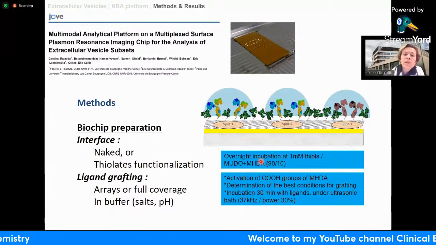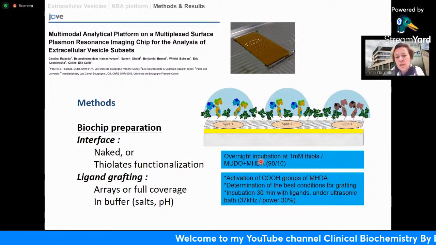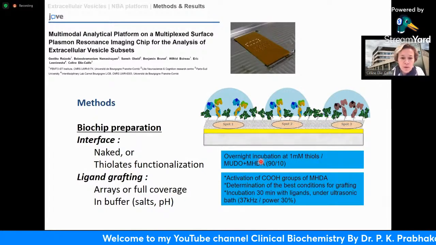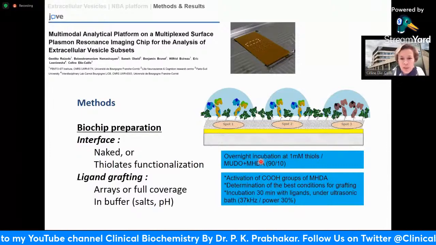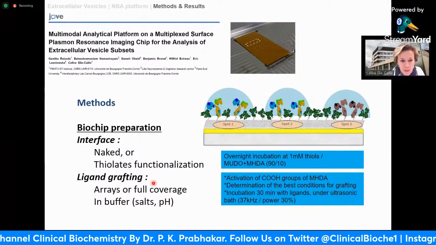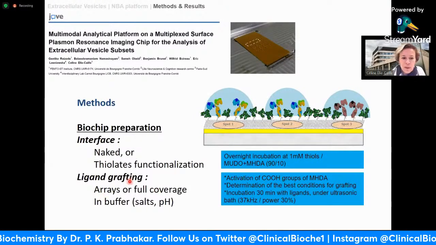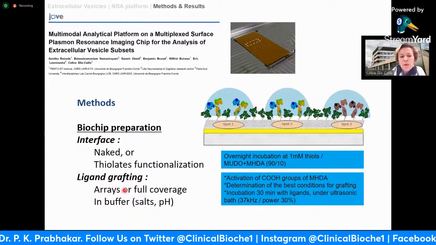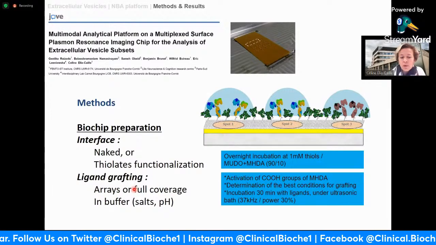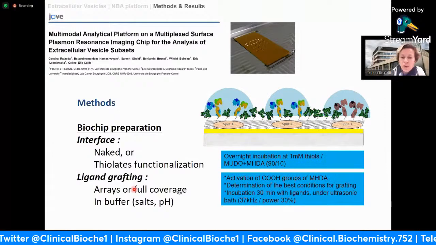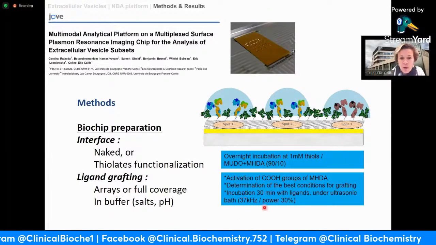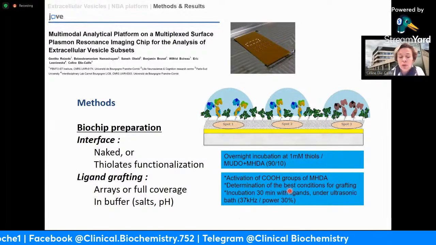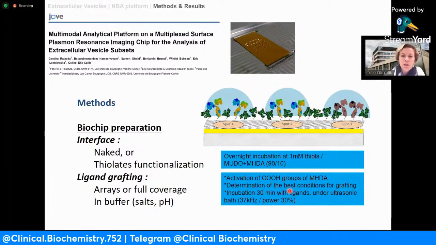So it's possible then to activate it in order to graft, through the lysines' amino groups, the different vesicles or proteins if we use antibodies. Then, as a second step, we go for ligand grafting in arrays or full coverage of the chip with a certain material, EVs or antibodies. We of course had to optimize the grafting conditions depending on the pH and the cell condition.